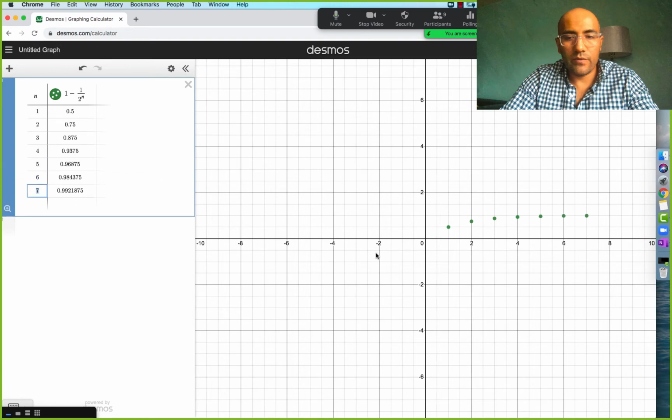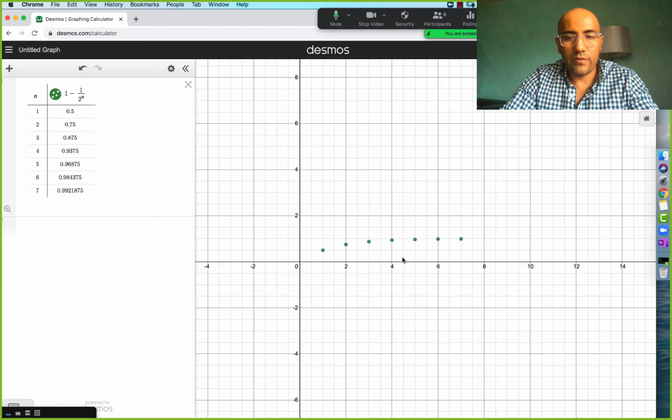Do you see how, plugging them into here, I get all these outputs, and then if I graph them, I get 1 comma 0.5, 2 comma 0.75, 3 comma 0.875, right? And so on and so forth.